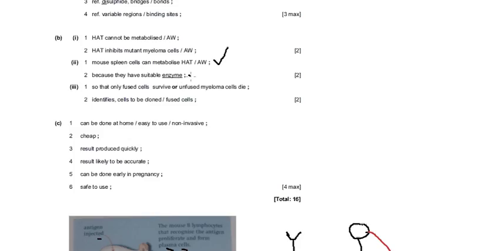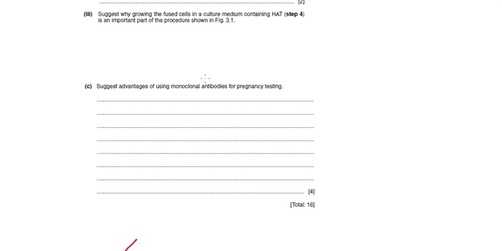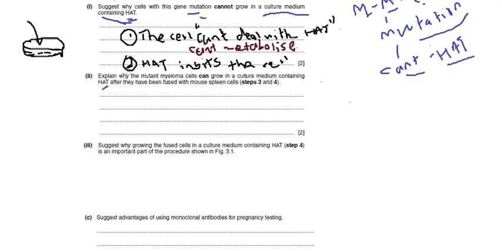So they can grow in a culture containing HAT after they have been fused with mouse spleen. When the cell itself can't deal with the HAT, but the cell and the mouse spleen together can deal with the HAT because the mouse spleen can metabolize.